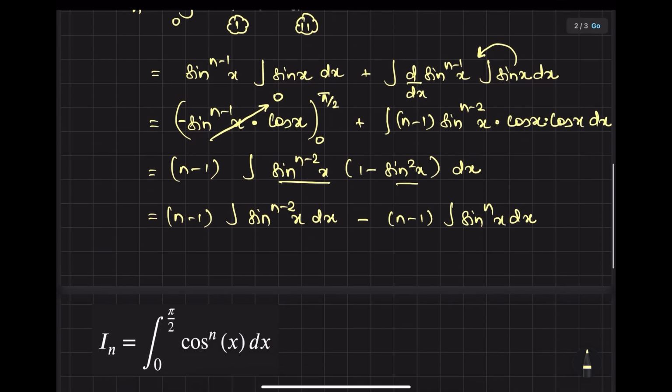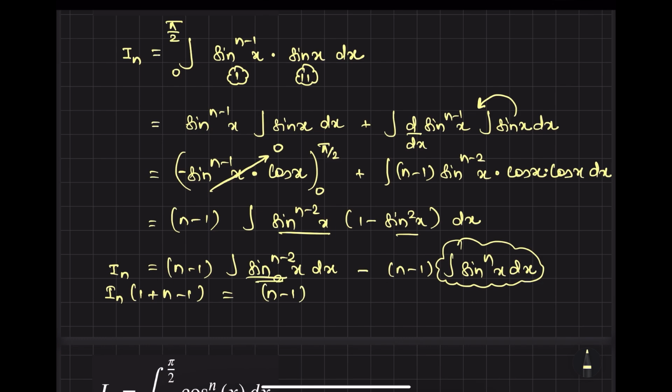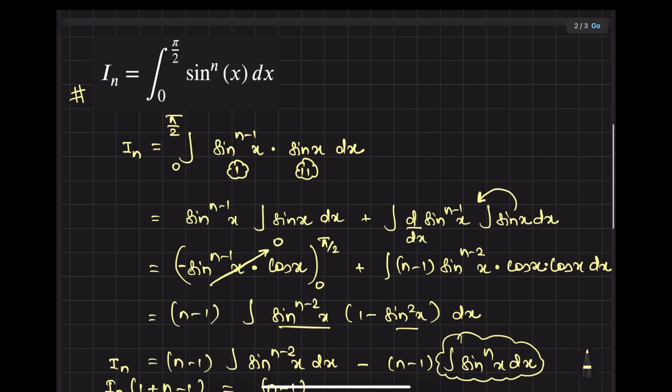Now look at this. This was I_n, and if you observe, this is also I_n. So can I take I_n common? This thing will go to that side, and the whole thing will become plus. So you will have I_n common, and then 1 plus n minus 1 is equal to n. If the question was I_n, the power of sine was n.